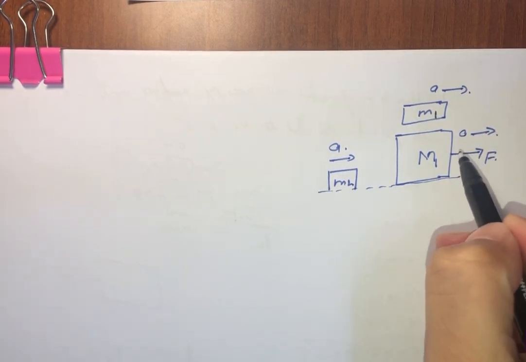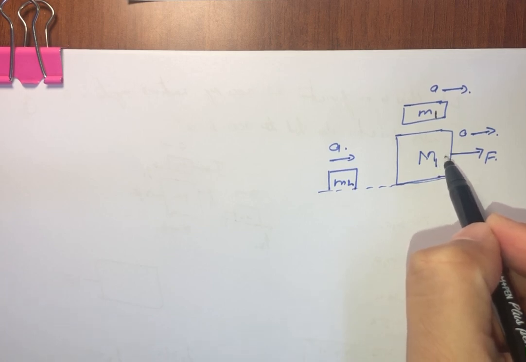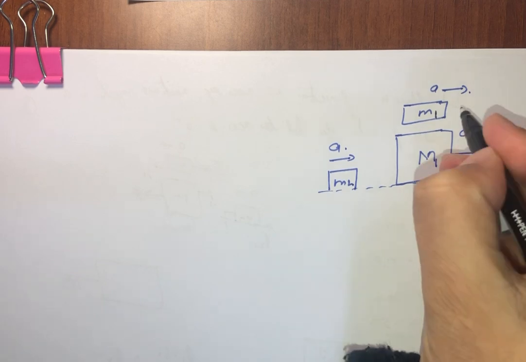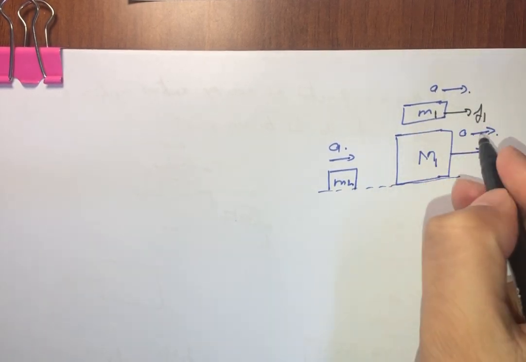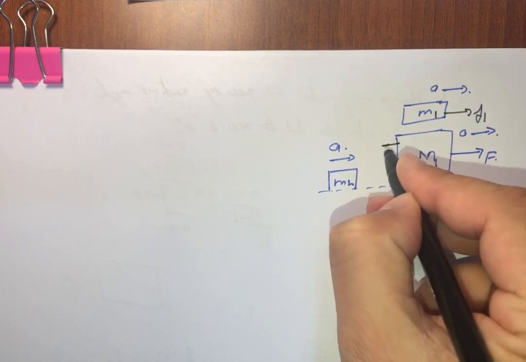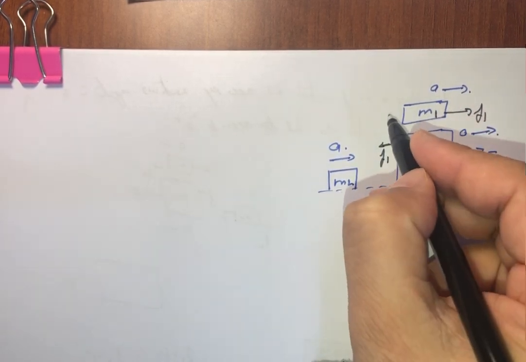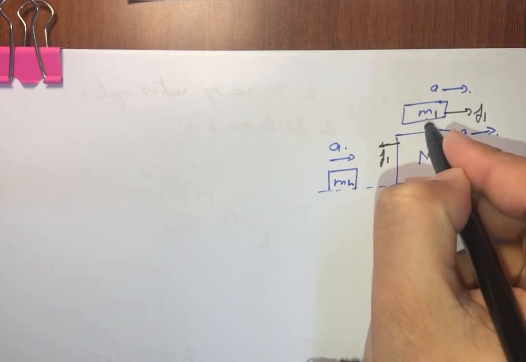So this M will try to force this M1 towards the right side with the help of force of friction. Let us suppose that is F1. Equal and opposite will be acting here also, that will be F1, and there is a string connected between M1 and M2.